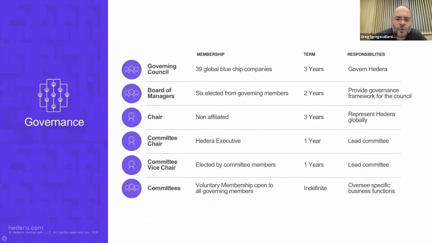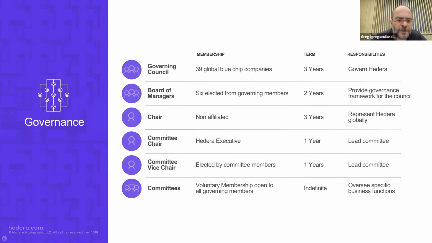So what will the council do? Well, they have a number of different responsibilities which will be taken on by the membership of the council, from chairing seats to committees to boards and so on and so forth. All of those responsibilities have limited terms in place, which you can see here on the slides, to ensure that no single party or centralized group can possibly wield too much power over any important decisions.